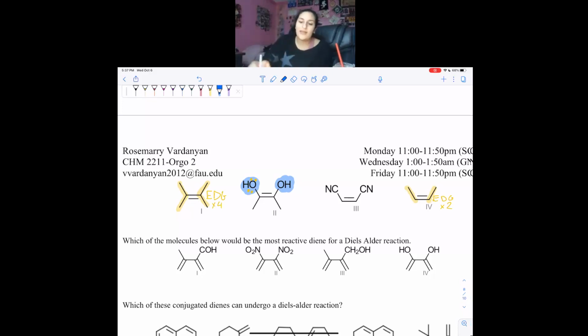Lone pairs, and there were 3 big things, but if you only remember 2 of them: lone pairs, R groups, yes, and negative charges. Awesome. So this one, even though it looks like it's going to be withdrawing because it is really electronegative, it has a lone pair. So it has to be an electron donating group.